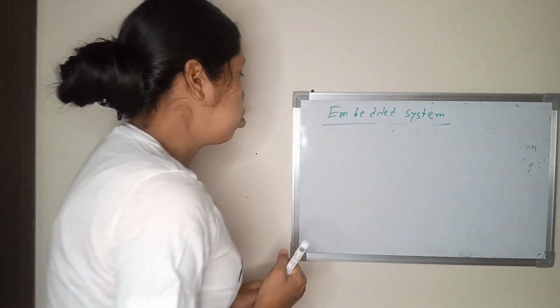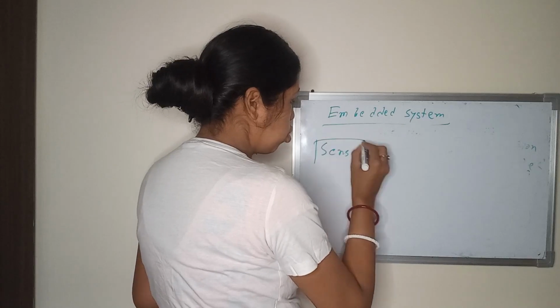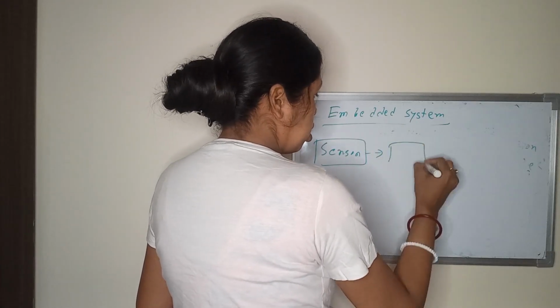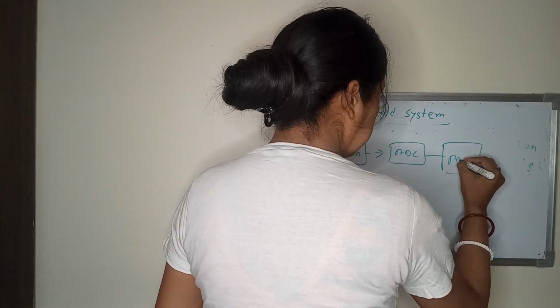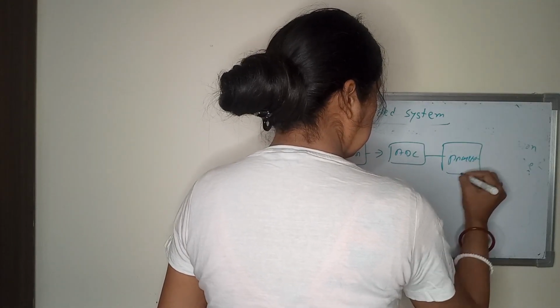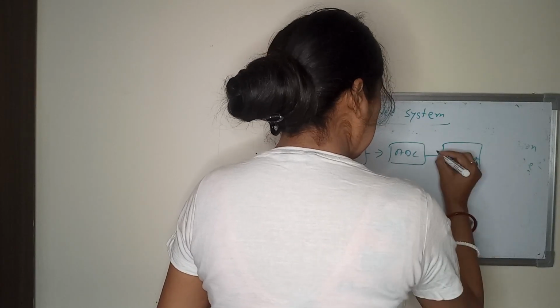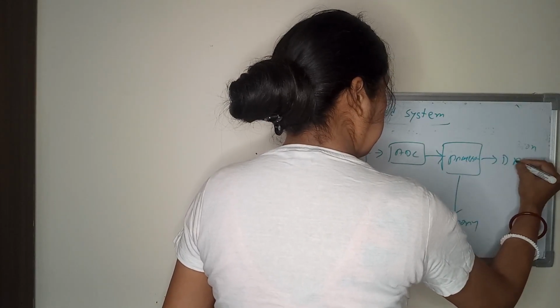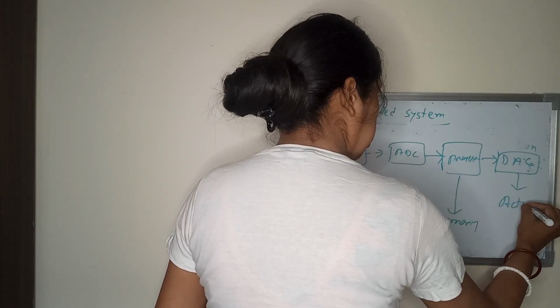Now here I told that suppose the sensor is there in the components: sensor, ADC, processor, DSP, actuator.